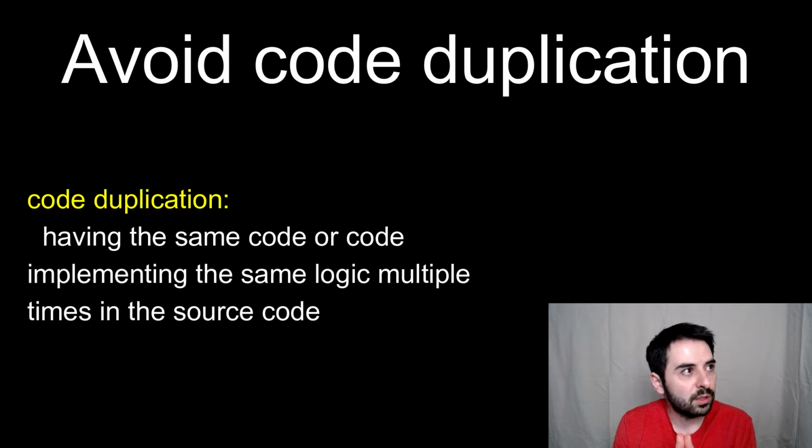So the very first thing, and not the most important, but the most common, I would say, use of the function is to avoid duplicating code. Duplicating code means writing the same exact or similar code in your program more than once.